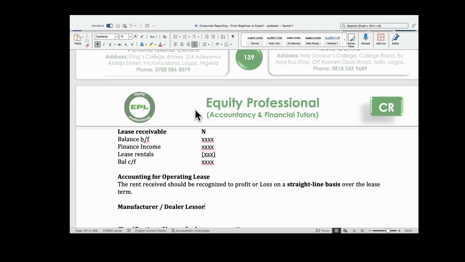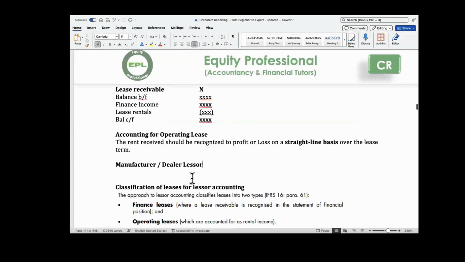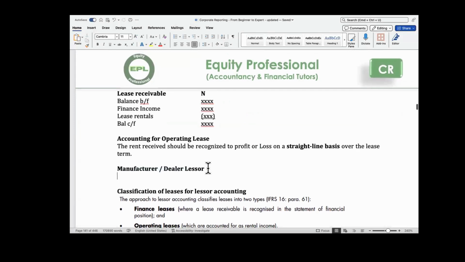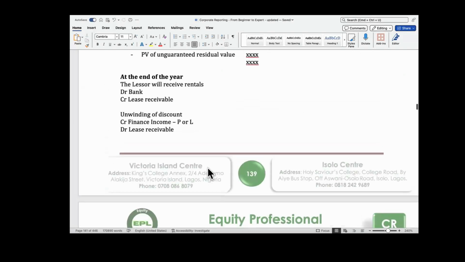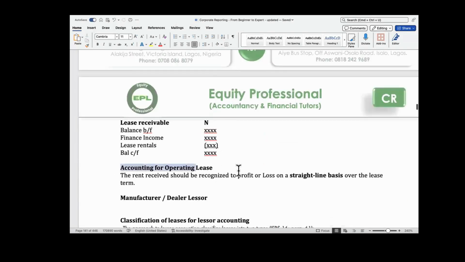Where I'm going is that a lessor in that type of situation, we call him a manufacturer or dealer lessor. Yes, he has leased out an asset, and if he has leased it out under an operating lease, that one is not a problem. He will just use this accounting that we learned here.